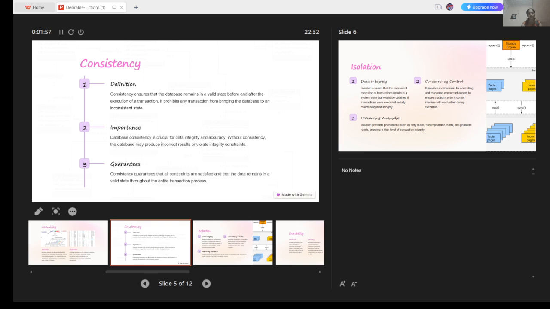Without consistency, the database may produce incorrect results or violate integrity constraints. Consistency guarantees that all constraints are satisfied and that the data remains in a valid state throughout the entire transaction process.